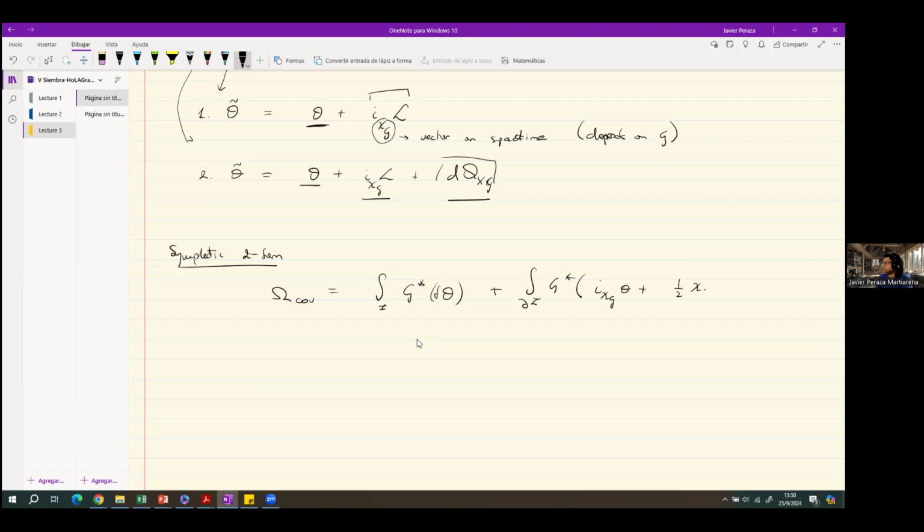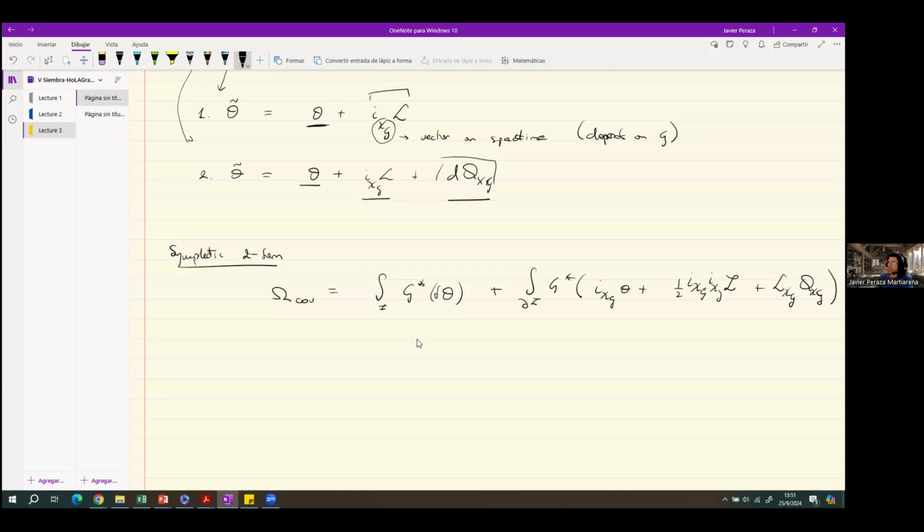Let me write it. Plus the derivative of u, g. So this is the Lagrangian. This is the derivative. So what does it mean?